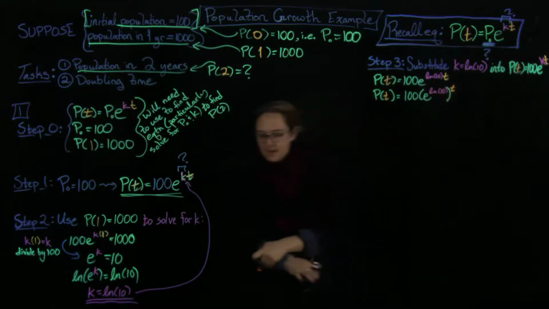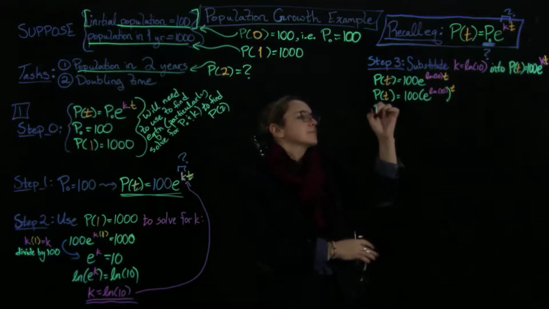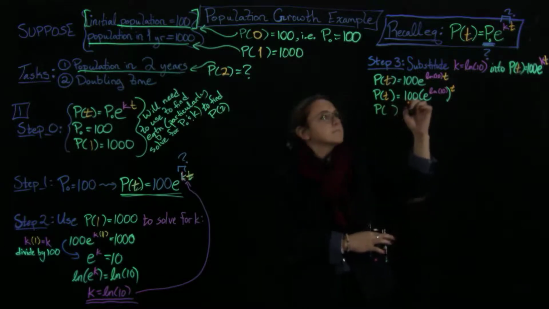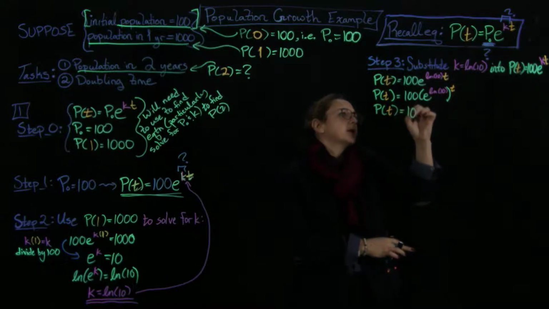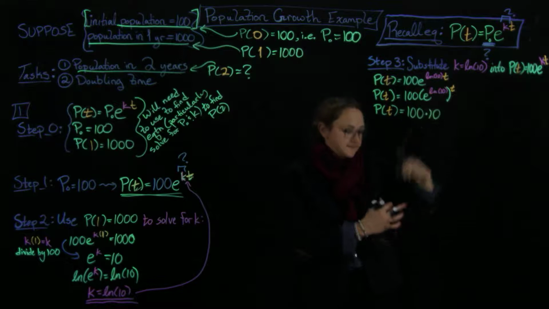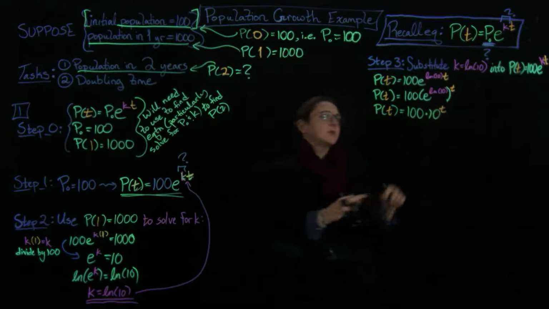So then P of t is going to equal 100, so this here is 10 times 10 to the t. Okay, so this is my new equation.